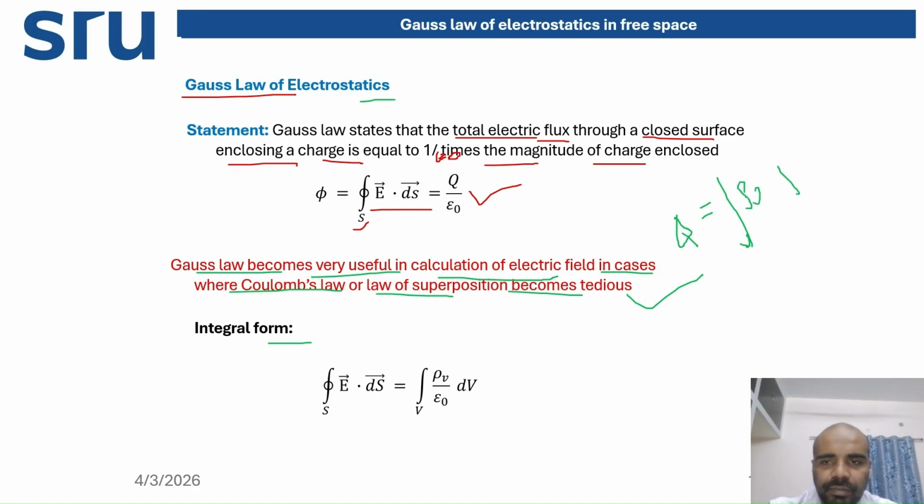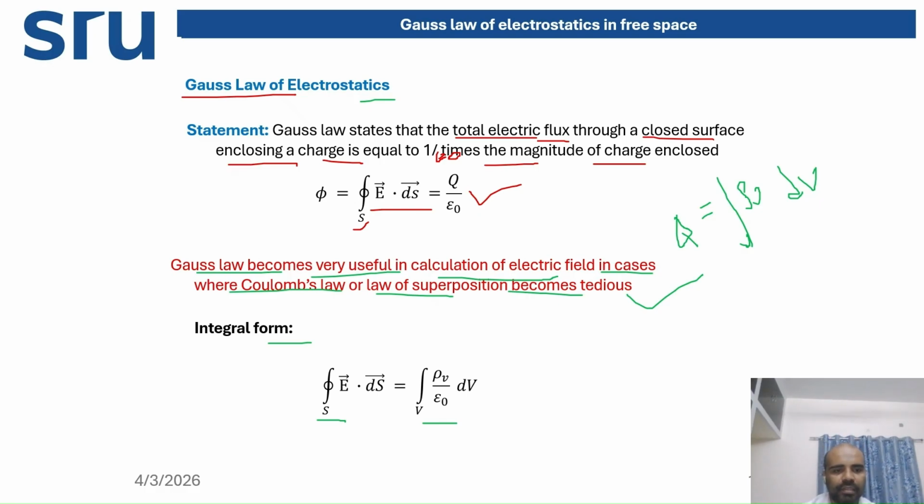The charge can be represented as q equal to the integral of rho dV. So we can write E dot dS is equal to the integral of rho dV divided by epsilon naught. This is the volume integration, and this is the surface integration.